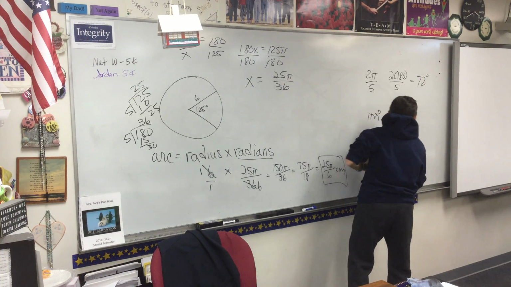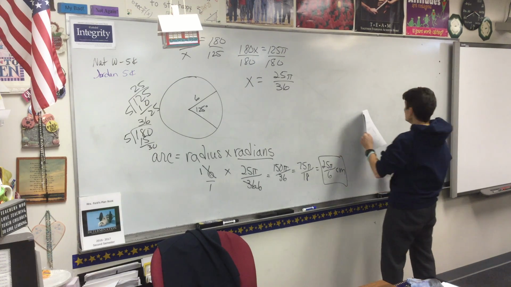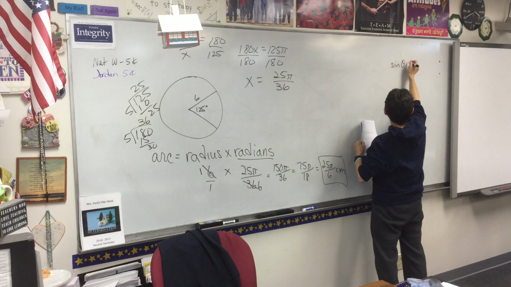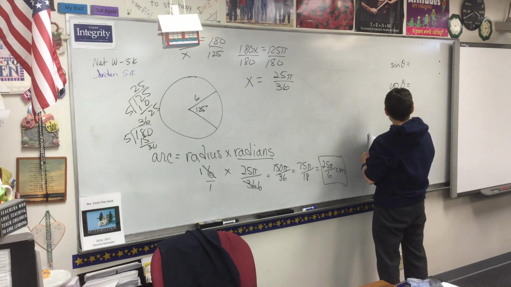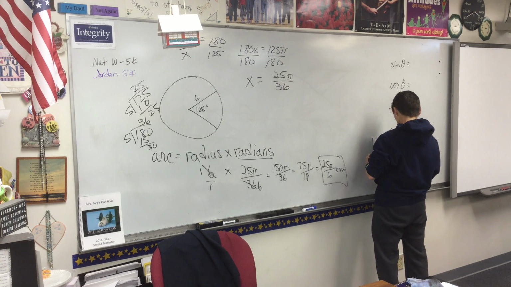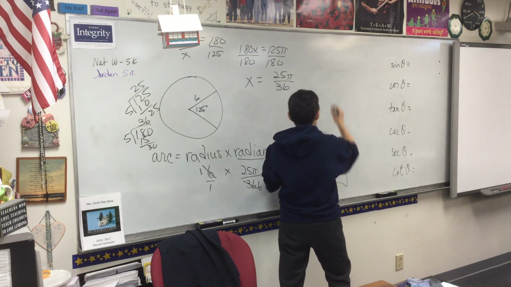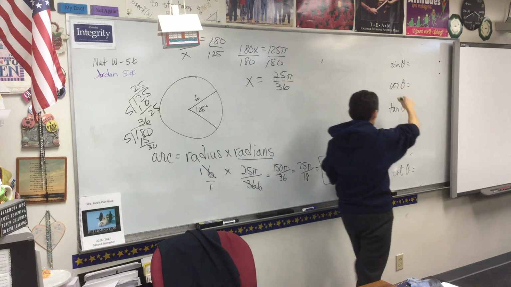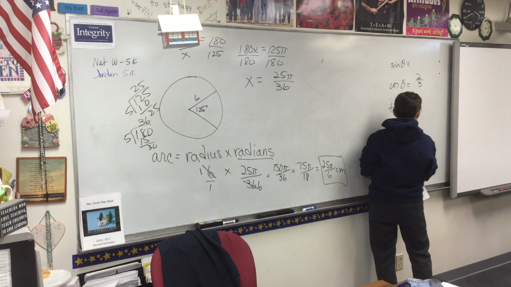Number 4. We need sine, cosine, tangent, cosecant, secant, and cotangent. And what are we told? Well, we're told the cosine's 2/3, which means the secant's 3/2.